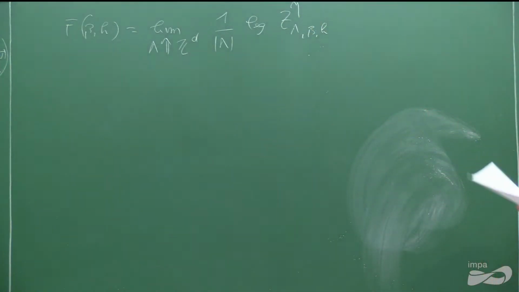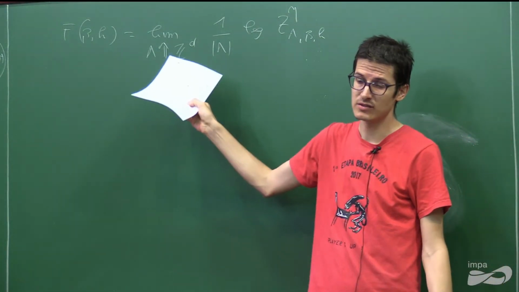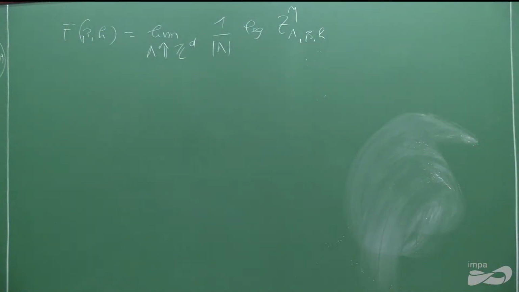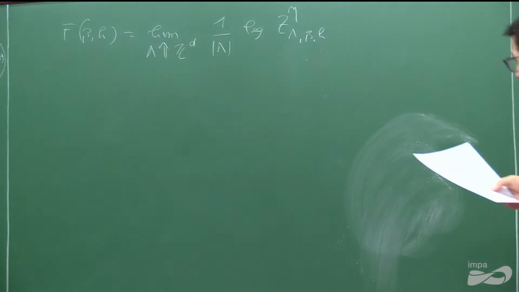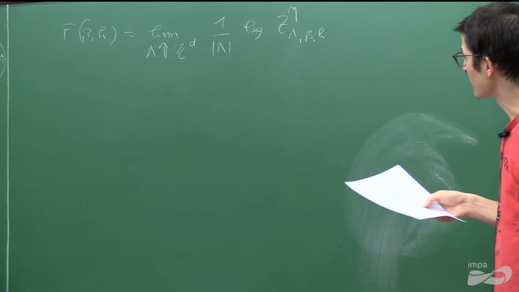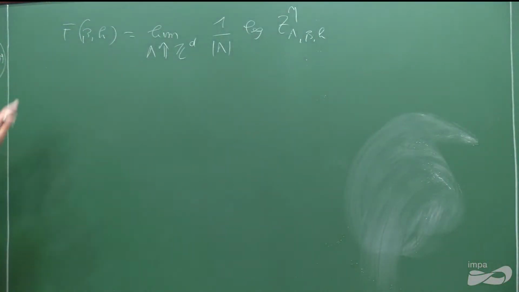It doesn't depend on eta, and this limit means along any sequence that converges to Z^d in the Van Hove sense, as they say in the book. So we have seen that this is well defined, and that it is convex.